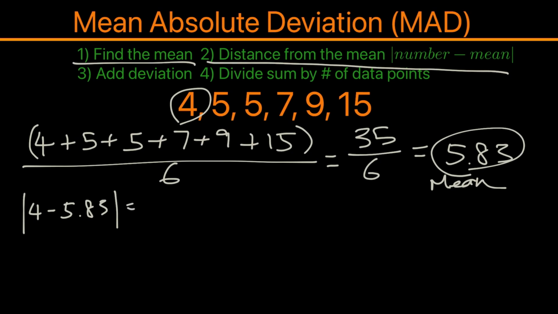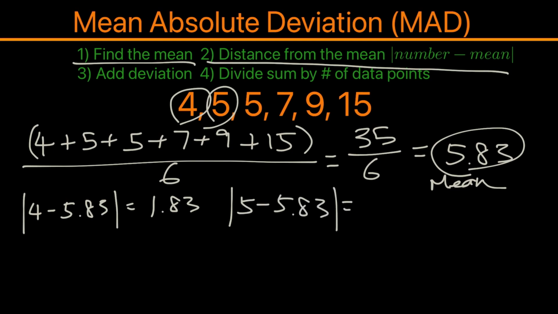And that will give us 1.83. Now for 5, we would do 5 minus 5.83, which is the mean, inside the absolute value, and we would get 0.83. Now the next number is also 5, so we know that's also going to be 0.83.